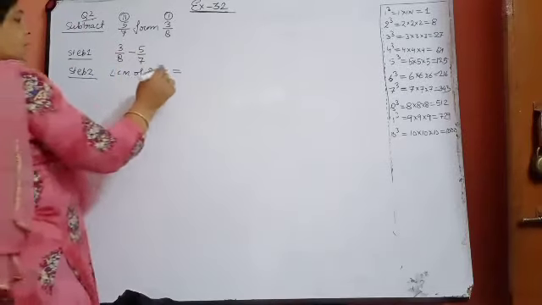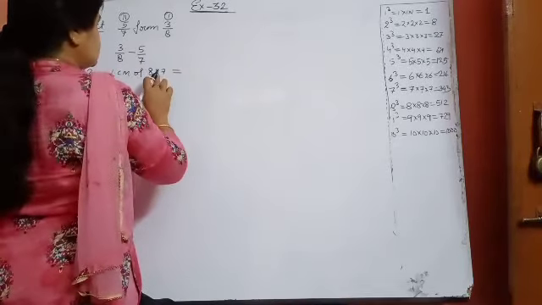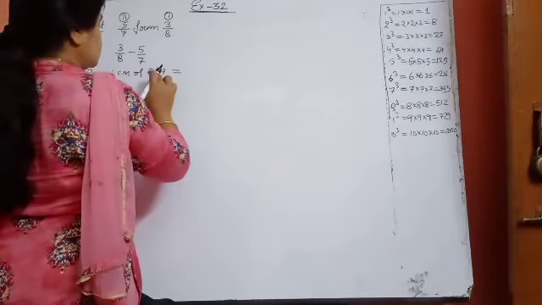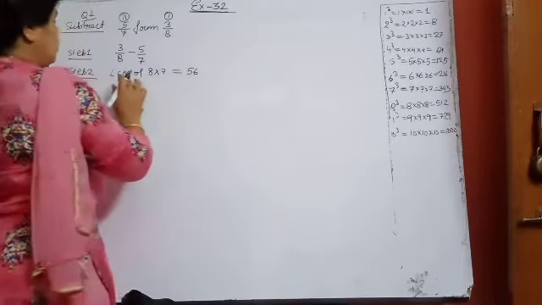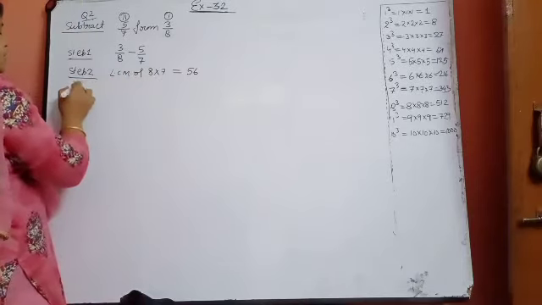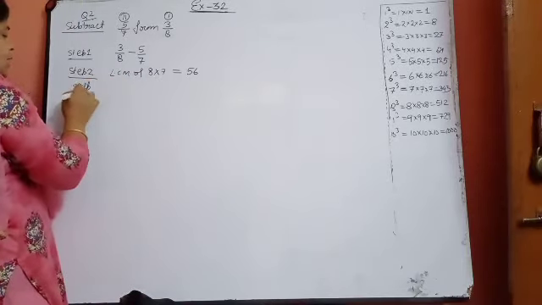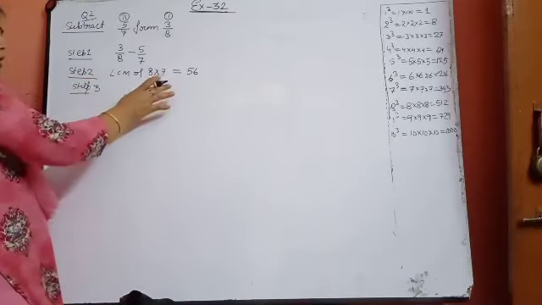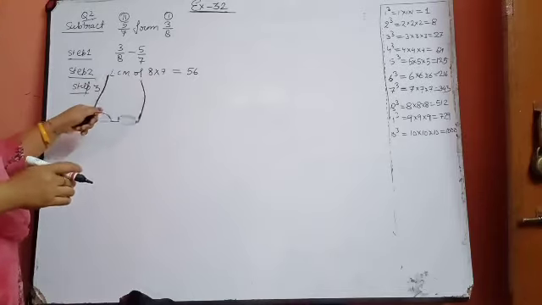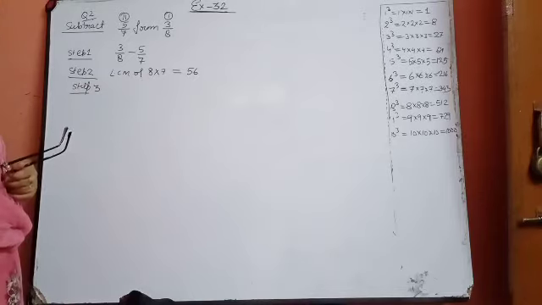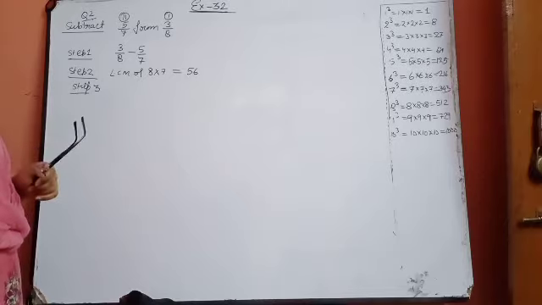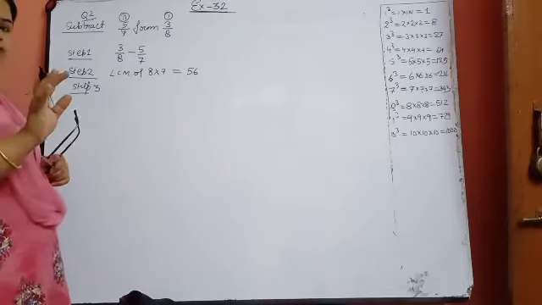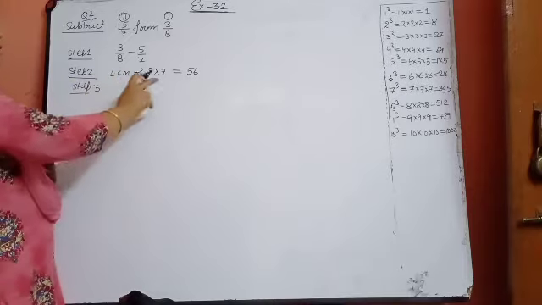So their LCM will be directly the multiplication of those numbers. 8 7s are 56. So LCM of 8 and 7 is 56. If they will have any common factors, what you will do, you will take the LCM as I was teaching, as I was taking in question number first one, by properly following the procedure of LCM.